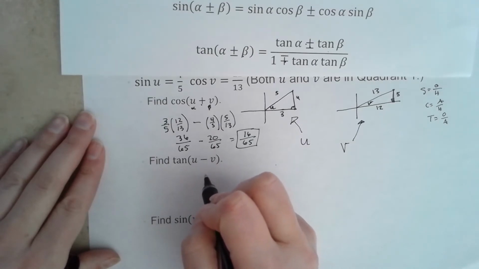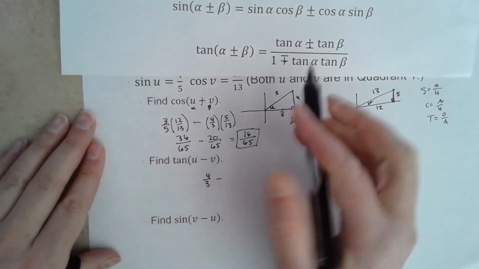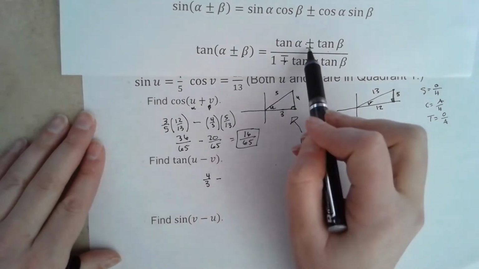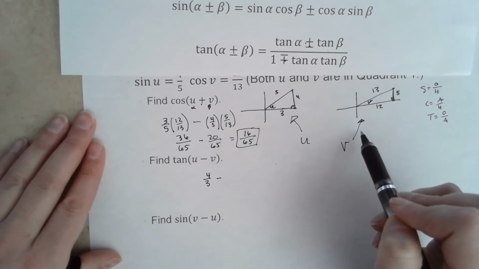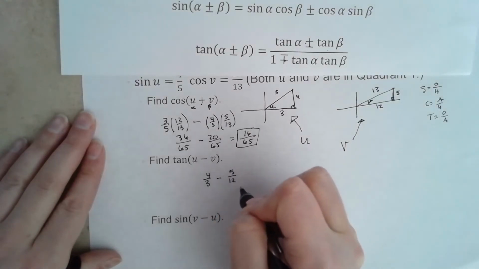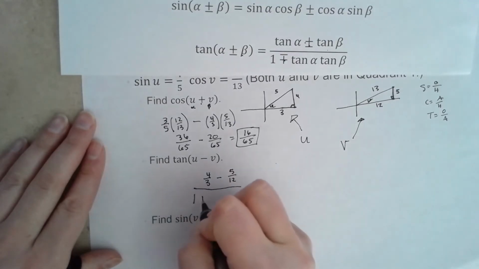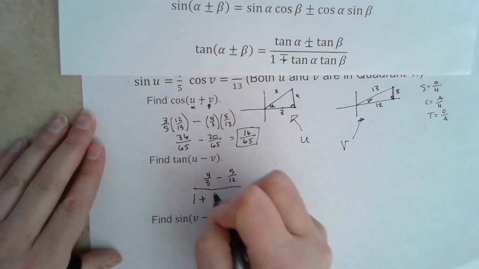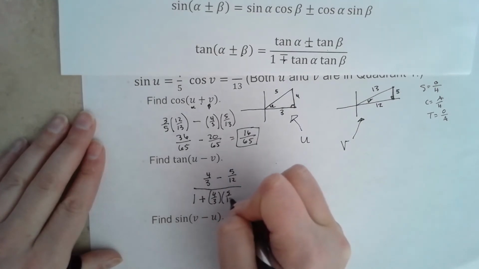So tangent is 4/3 minus, okay, tangent, again minus because this is going to be the same, tangent of beta, or v, that is going to be 5/12 divided by 1 plus, because it's opposite, 4/3 times 5/12.